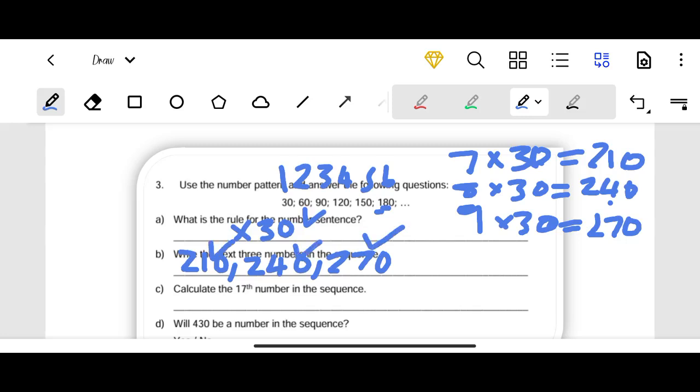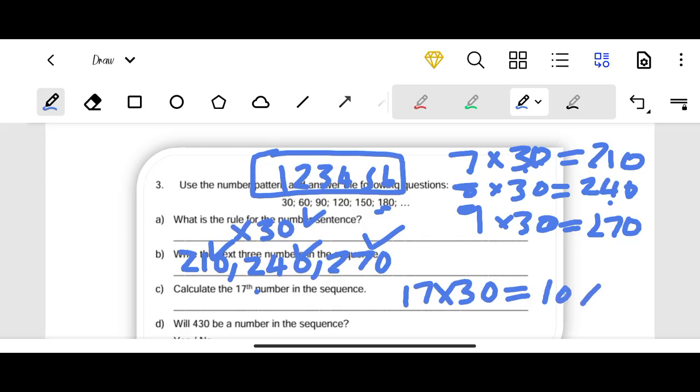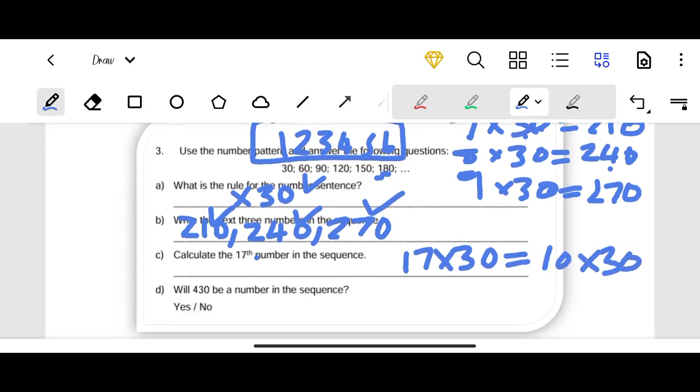C says, calculate the 17th number in the sequence. So what you have to note, when you are given the position on top of the number, it means that you are supposed to determine each and everything that is under that number. So it means that you're supposed to say 17 multiplied by the rule or plus the rule. So we can say multiply by 30 because that is our rule. So if you say 17 multiplied by 30, let me break it down: 10 multiplied by 30, 7 multiplied by 30.